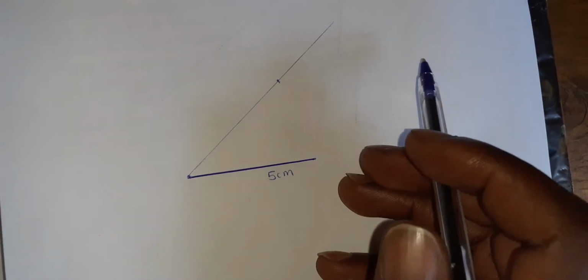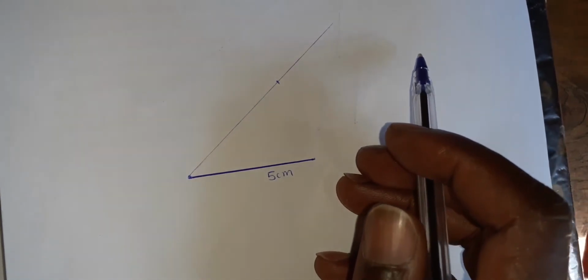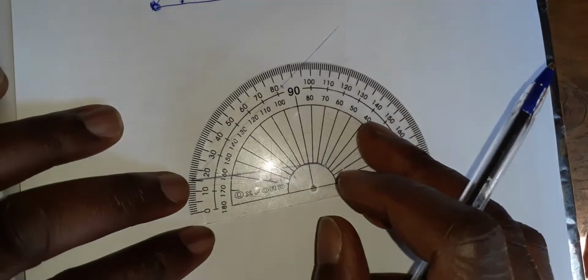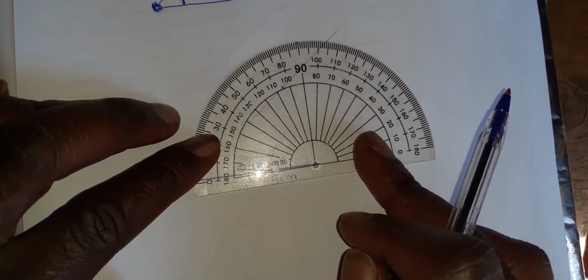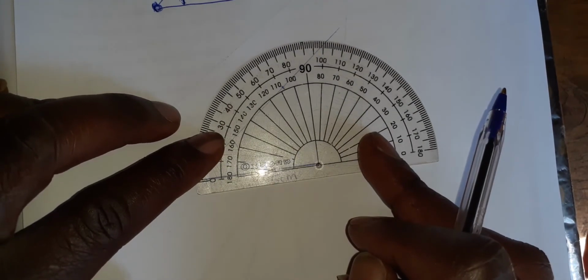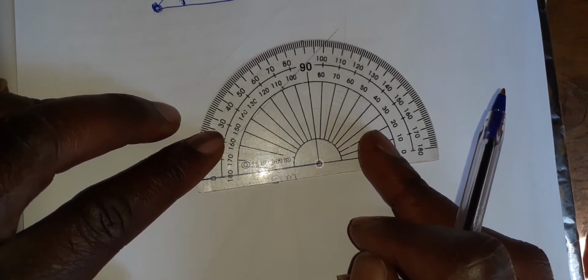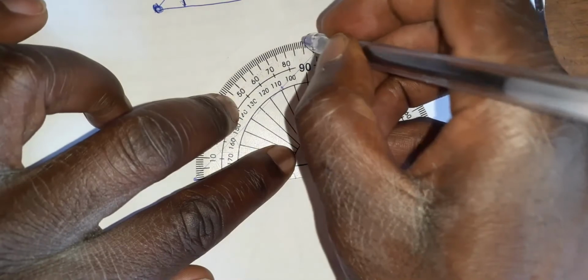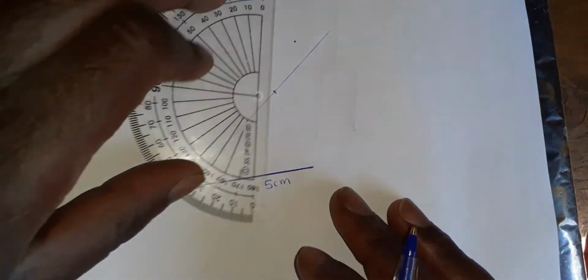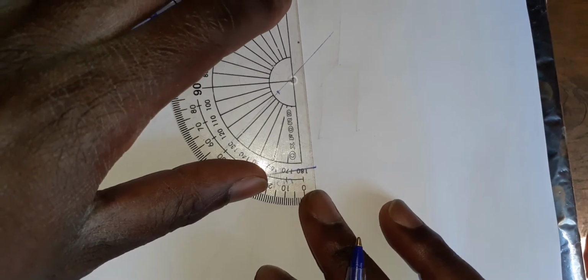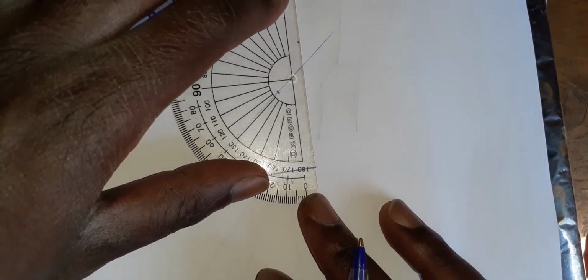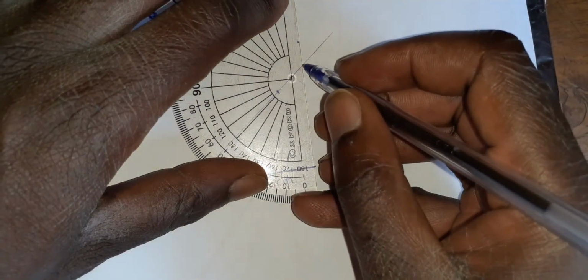Then just to be sure, also here we can have 90 degrees so that we really know where we should do. So meaning here we'll just join this side.